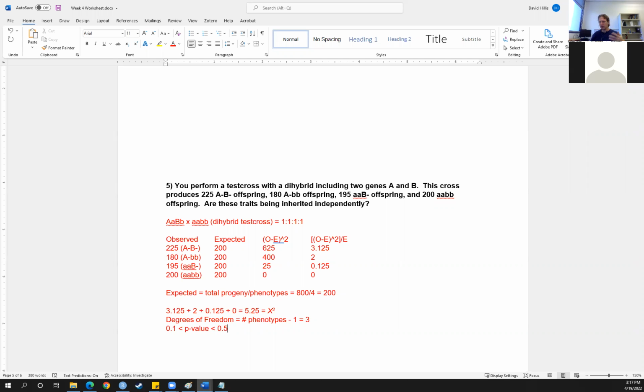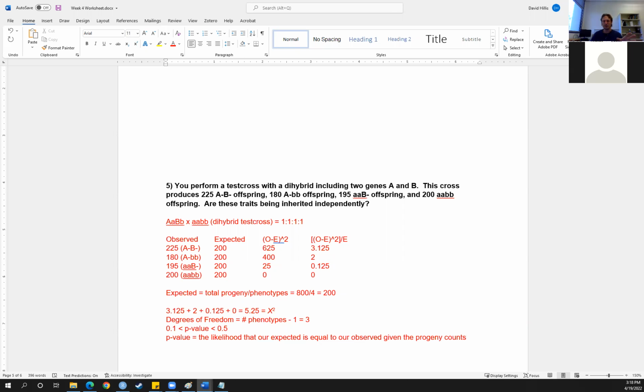And our p-value, I'm going to make this one of the definitions on our next worksheet. Our p-value can be interpreted as the probability, the likelihood that our expected is equal to our observed given the progeny counts.